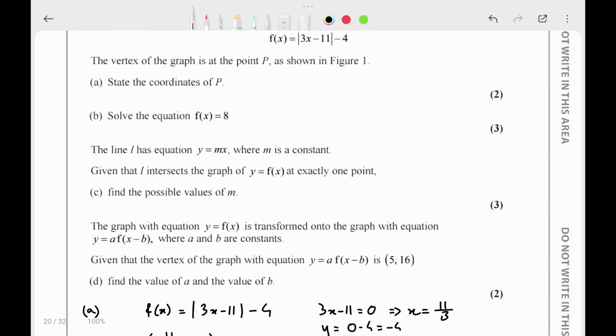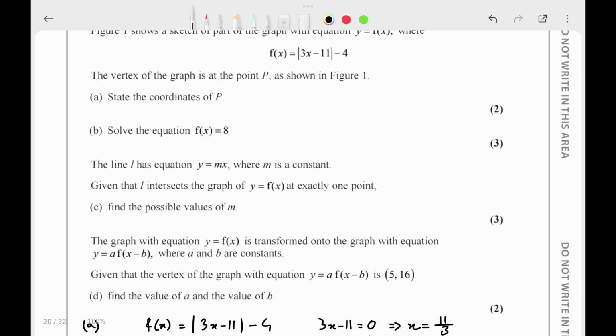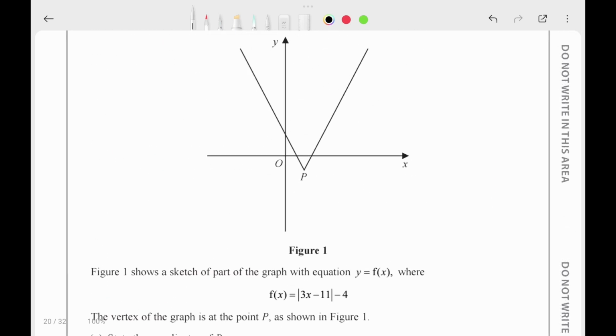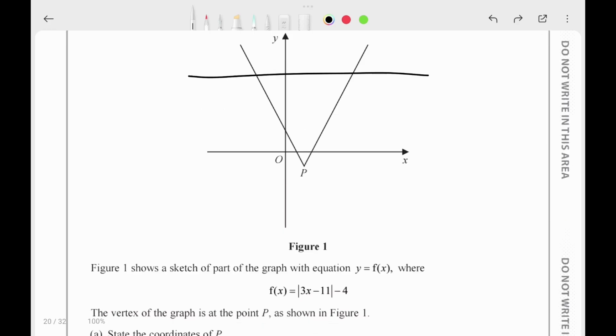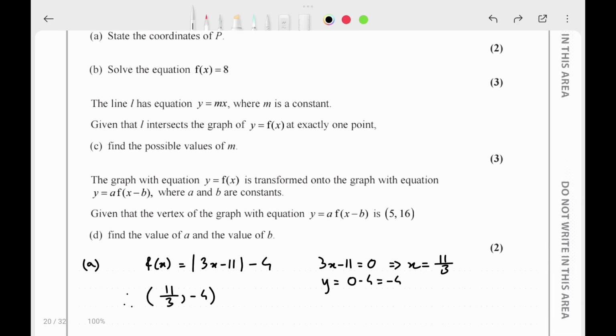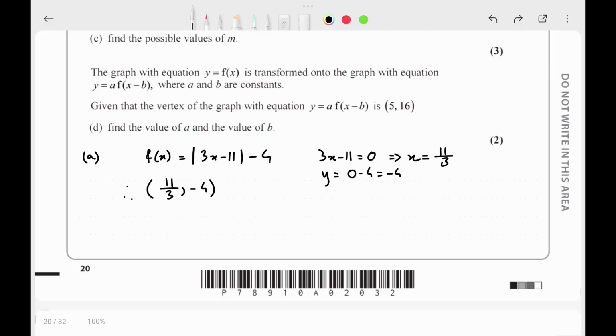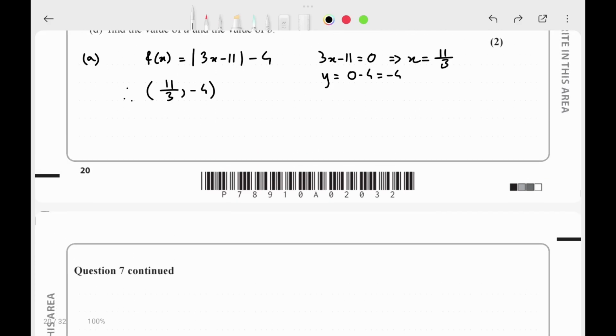So moving on to number B. Solve the equation f of x is equal to 8. So if you draw a line, you'll notice that there are 2 points. So I need to find the coordinates of both points, the values of x for both points. So first, let's assume that 3x minus 11 is going to be positive. It's equal to 8.